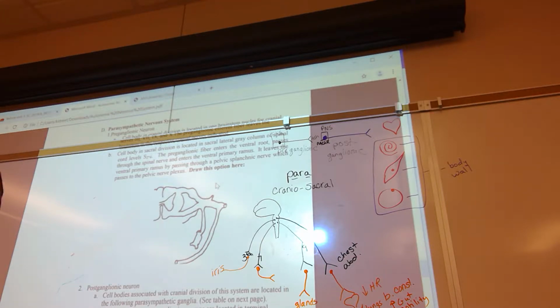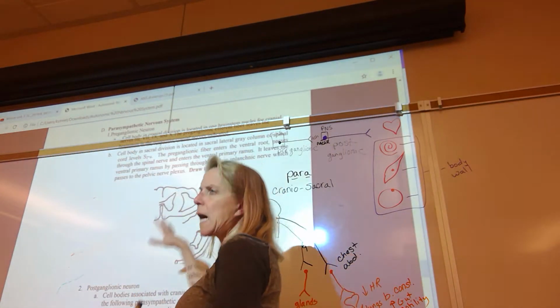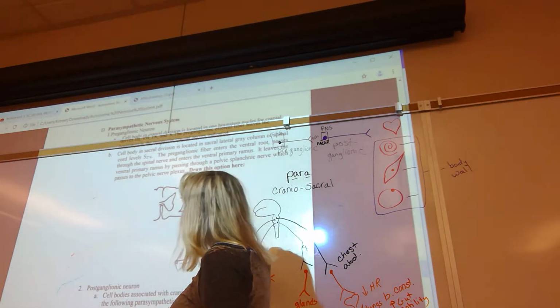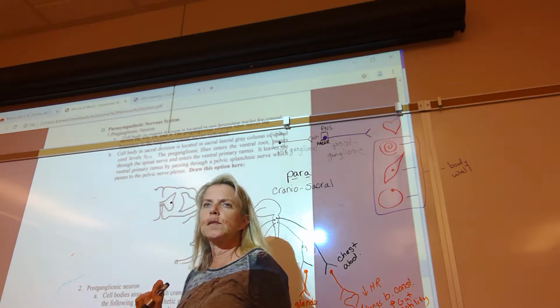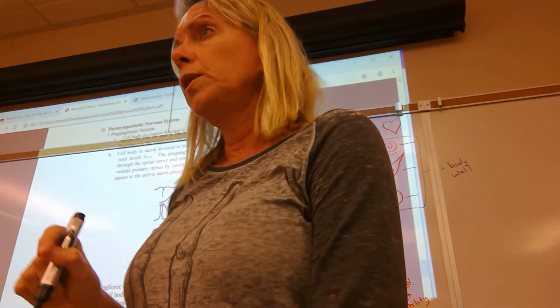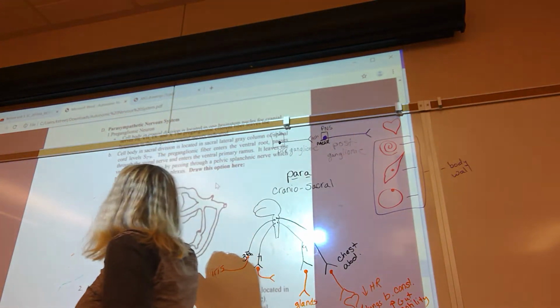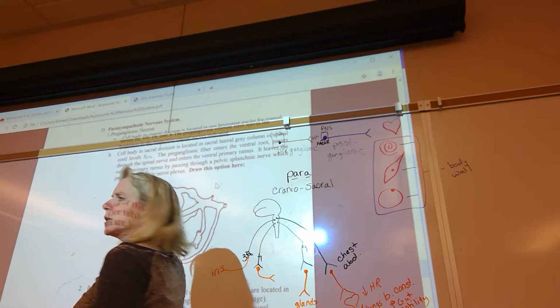Okay? So, if we're talking about something beyond the left colic flexure, then the preganglionic fibers, cell bodies, in the sacral spinal cord, they are found at levels S2, S3, S4.